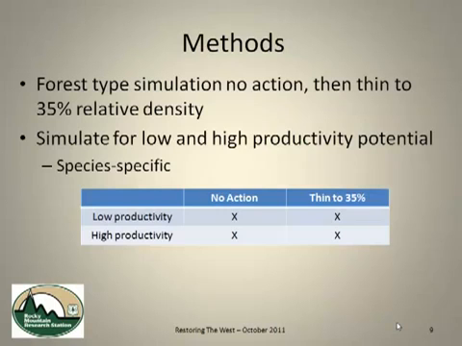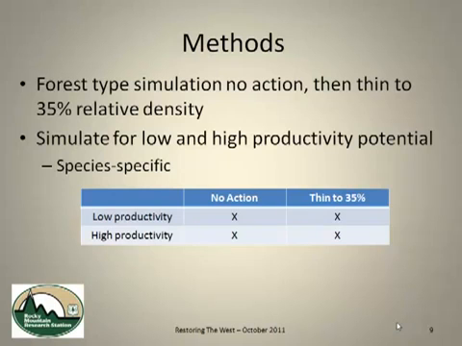So here's what we're going to do. We're going to take stands from the FIA data that are fully stocked and run a no action alternative. We're not going to do anything. We're just going to let them grow over time. Then we're going to take the exact same stand and thin it to 35% of relative density. We're going to decrease the competition between individuals in an attempt to increase the growth over time.